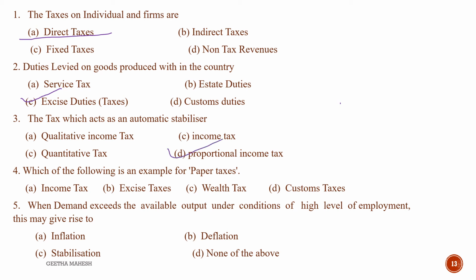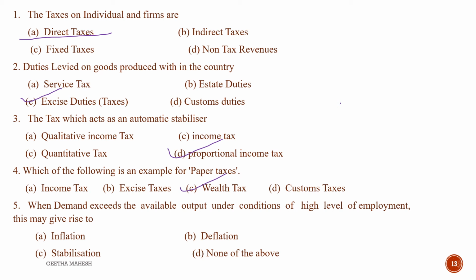It is a proportional income tax. Which of the following is an example for paper tax: income tax, excise tax, wealth tax, custom tax? It is a wealth tax, because only on paper you can see; the income from this tax will be negligible, so it is called as paper tax.